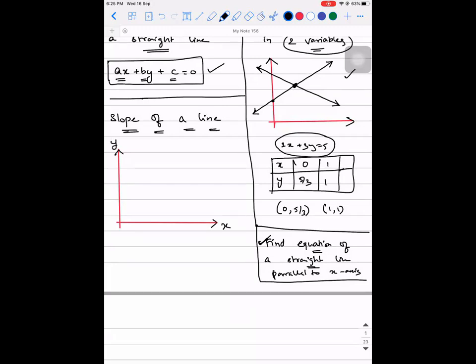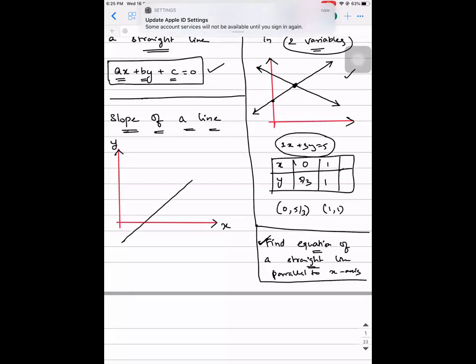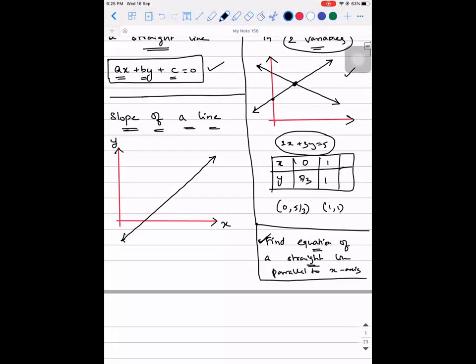Let's say you have the x-axis and y-axis. If I think of a line like this, then this line is cutting the x-axis at this point, and can I say it is making an angle theta with the x-axis in the anti-clockwise direction? Yes, sir.